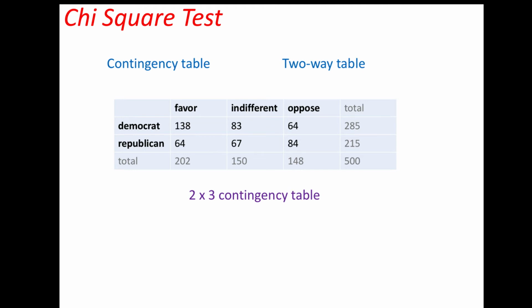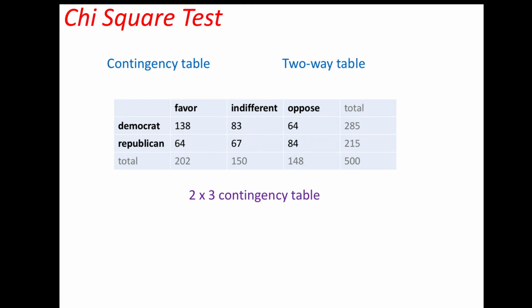From here, we would want to determine if an association or relationship exists between political party affiliation and opinion on the tax reform bill. That is, are the two variables dependent? A statistical method of choice for this particular type of question is the chi-square test of independence.